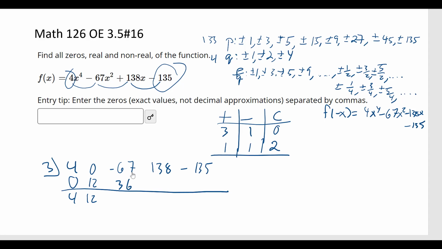So we have negative 67 plus 36, and we get negative 31. And that's going to give us a negative 93. And we get 45, and check that out, because 45 we found earlier, it worked out to be positive 135, so we get 0. So 3 is one of our zeros.